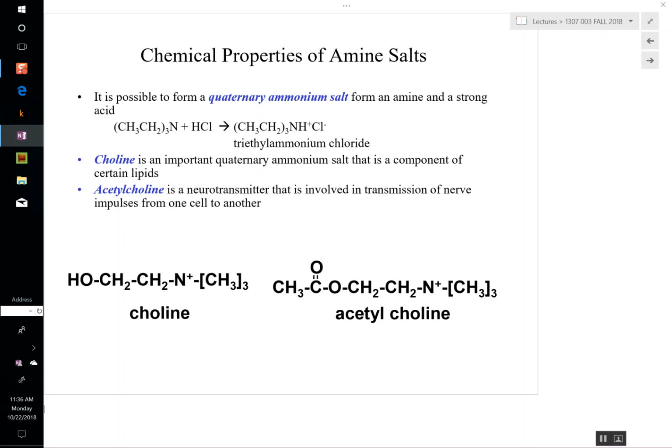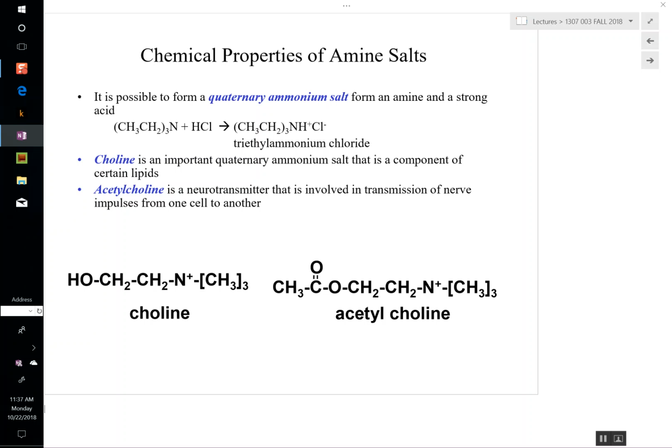They don't all have to be methyls. 3 of them are. And then you convert that to the acetyl. It's not doing anything down here, but acetylcholine. And these are neurotransmitters that your body produces. Choline and acetylcholine. So there are biologically active quaternary salts.